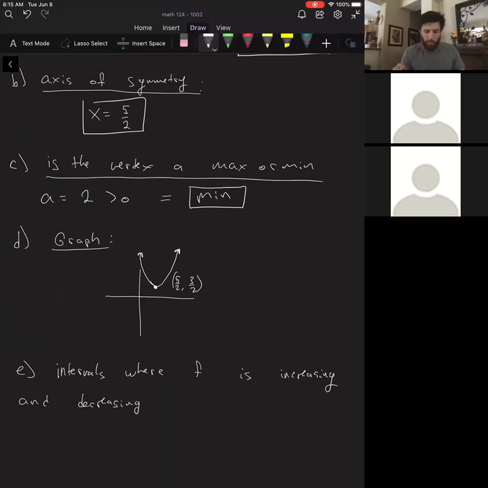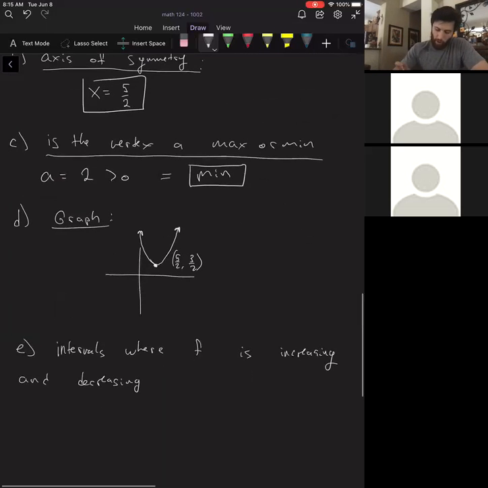So all we do is after we graph it, we just look at the graph, and as we move from left to right, if we move up, it's increasing, and if it moves down, it's decreasing. So if we look from left to right, here's the x value of 5/2. We see the graph is moving downward, so it's decreasing until it gets to 5/2. So what we can say then is that it's going to be decreasing.